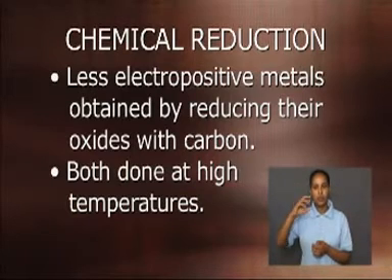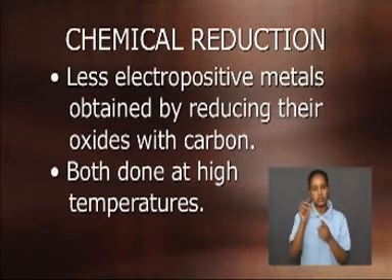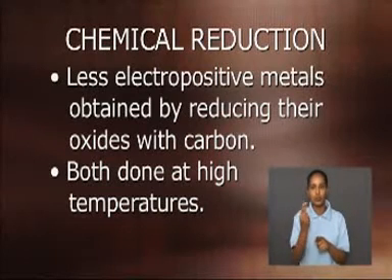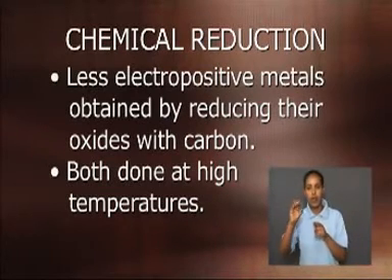Carbon is used because it is cheap and plentiful, but it cannot be used to reduce all metal oxides. If hydrogen is higher than a metal in the reactivity series, it can be used to reduce that metal. Hydrogen is expensive, though, and it is only used to extract tungsten on a large scale.